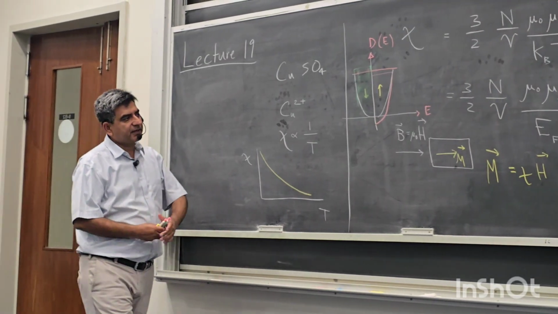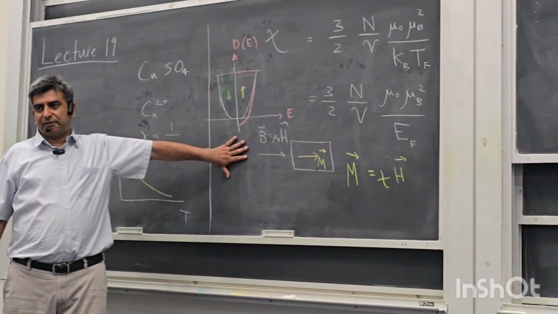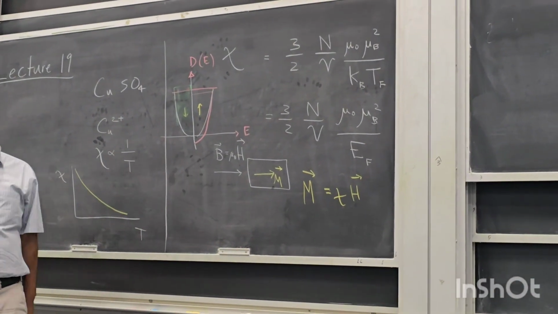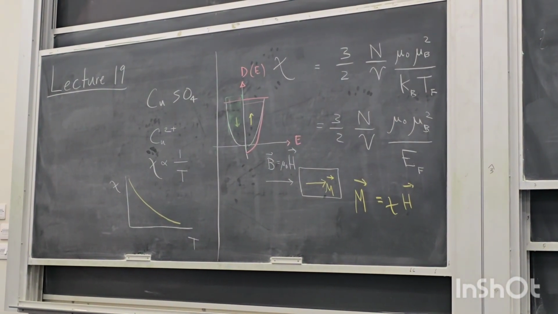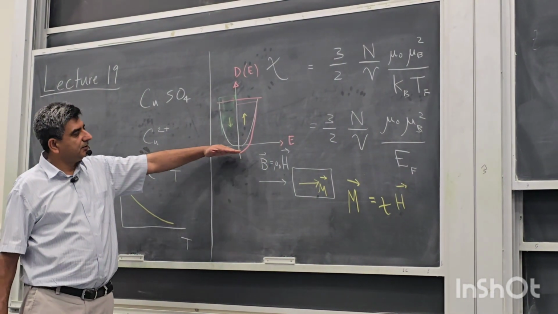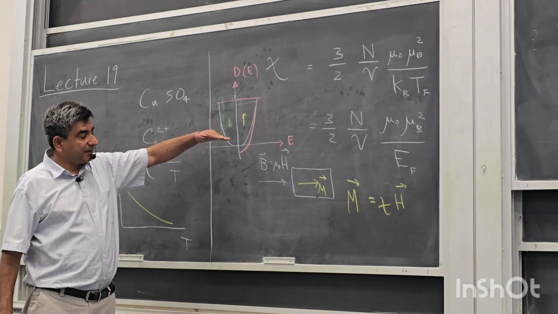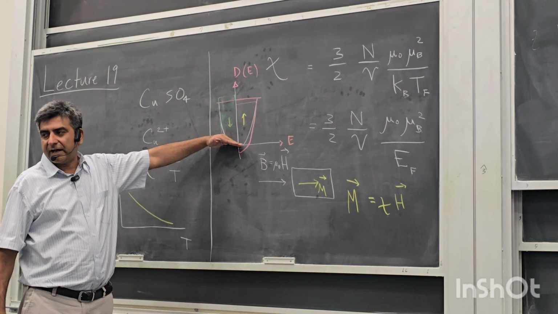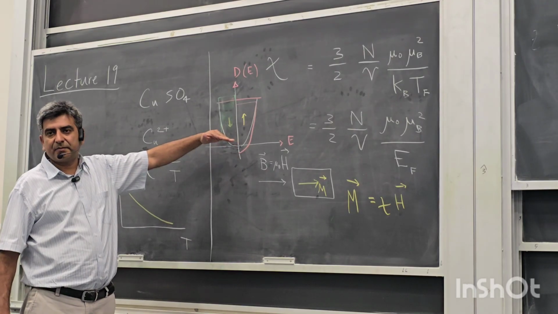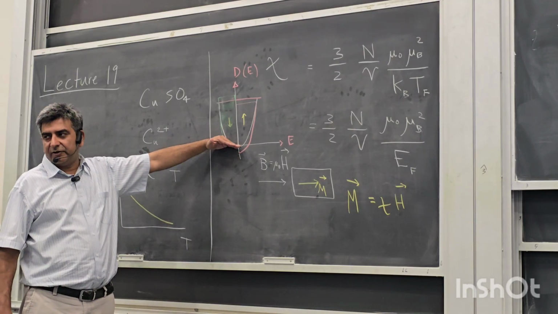But in this course we are studying delocalized electrons. This kind of paramagnetism is called Pauli paramagnetism, and it happens for electrons inside metals. These electrons are delocalized.